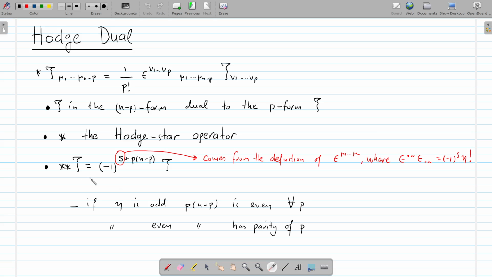So in that case, taking the dual twice brings us back to the original, assuming that we have a metric with a positive signature, as is the case of the ordinary Euclidean space. In 4 dimensions, or generally in even dimensions, this sign here has the parity of p. So it is plus for even p and minus for odd p.